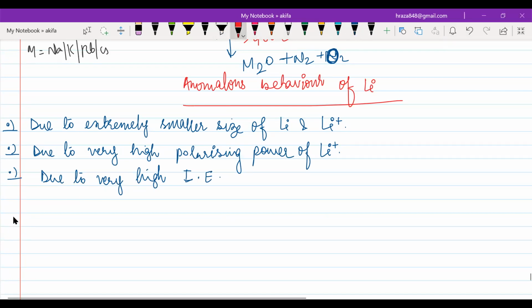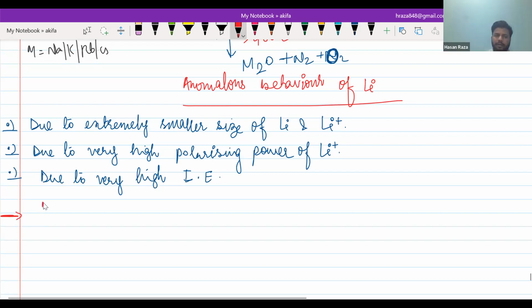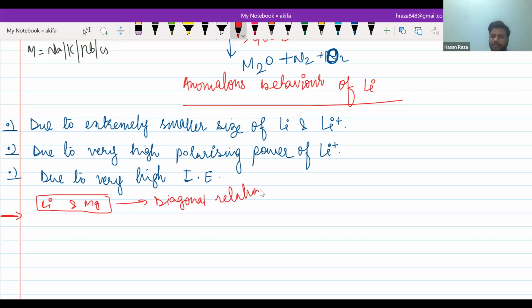We have some important points regarding lithium and magnesium. Basically they show a diagonal relationship, that is, similar properties.